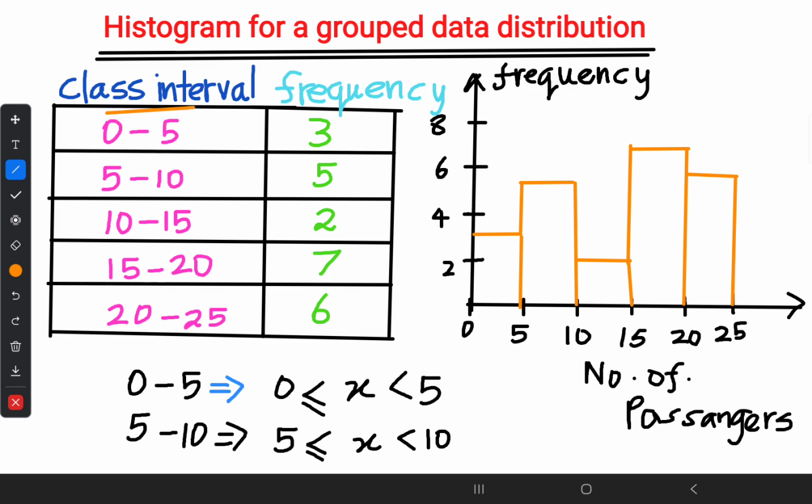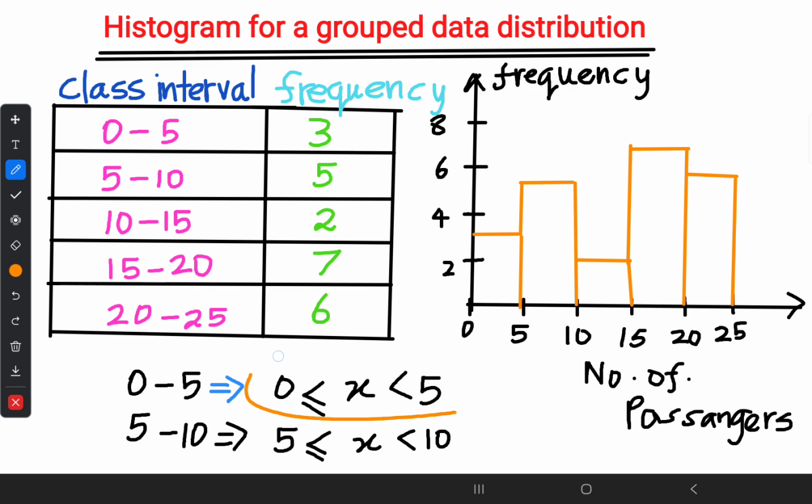In each class, there is a particular interval you have to maintain. The distance between the upper bound and lower bound of this interval should be the same in all cases. From 0 to 5, the difference is 5, and here also you should maintain the same difference. Frequency means the number of people who belong to that particular class interval.